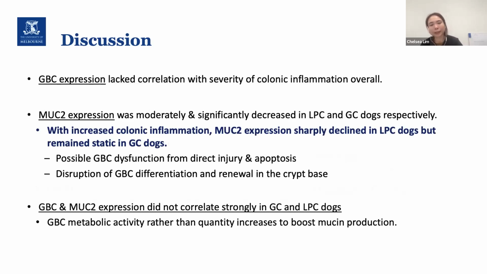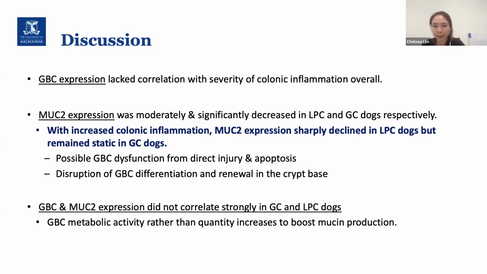Goblet cell expression lacked significant correlation with severity of colonic inflammation in all study groups. And for MUC2 expression, this appeared moderately and significantly decreased in LPC and GC dogs respectively. With increased colonic inflammation, MUC2 expression sharply declined in LPC dogs, but remained relatively static in GC dogs.